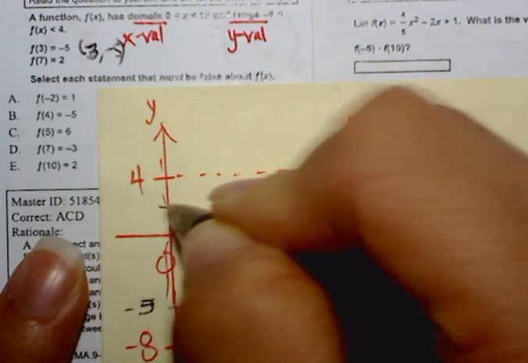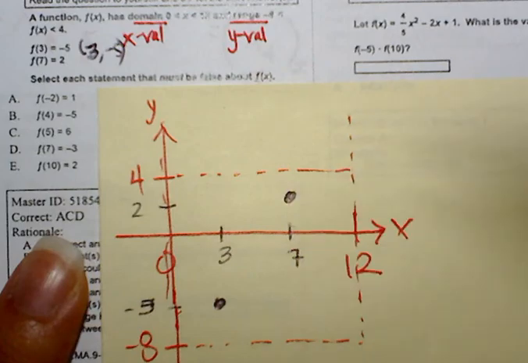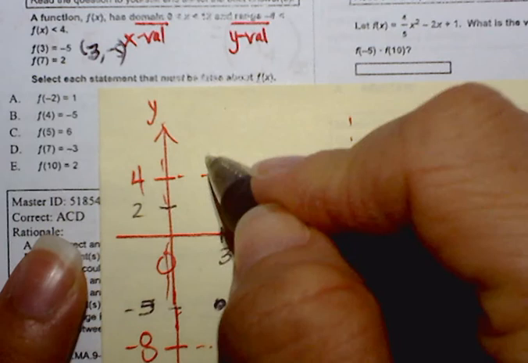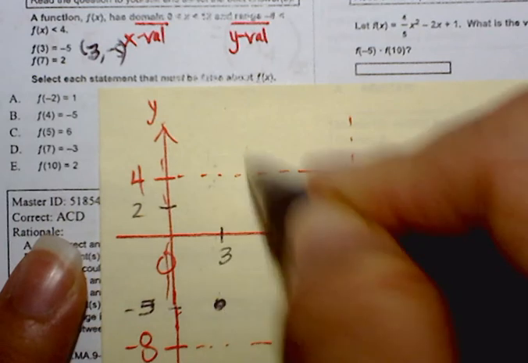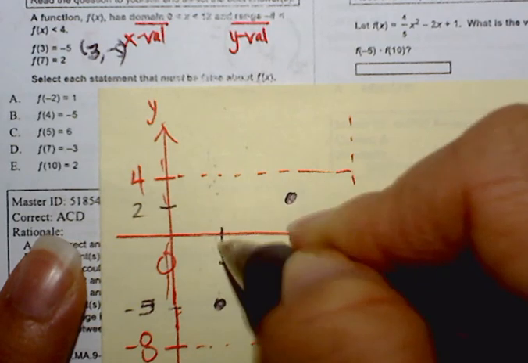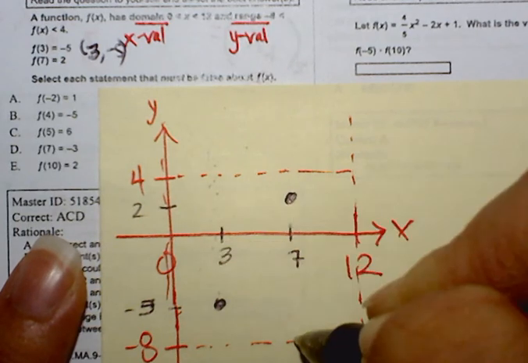It's a function, so what do we know about functions? They pass the vertical line test, meaning that if I put a vertical line through the function, it will never touch 2 points. I can't have another point here, and I can't have another point here. In other words, for every input, there is only one output.